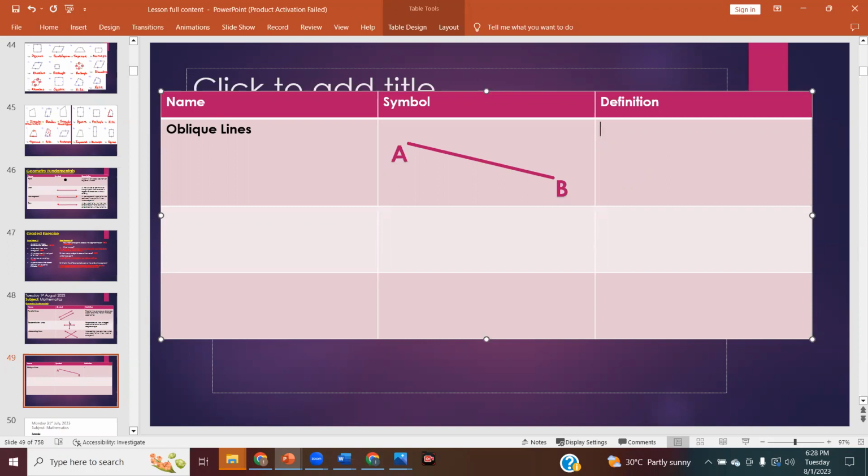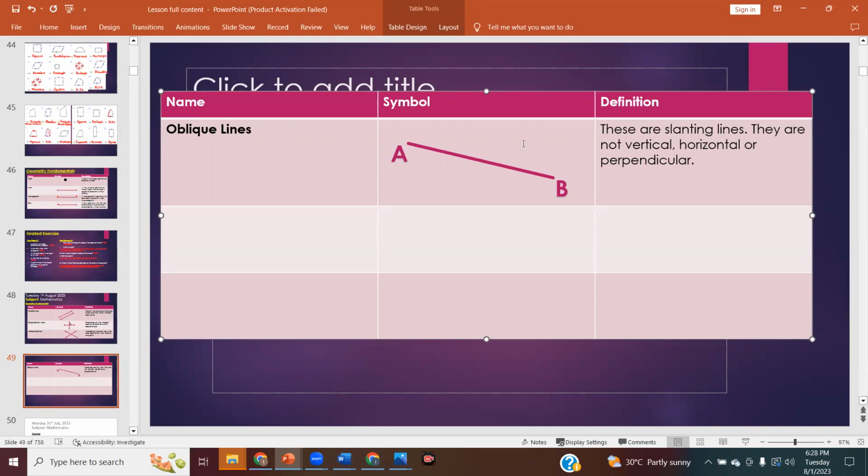So these lines, these are slanting lines. They are not vertical, horizontal, or perpendicular. They're slanting, okay?